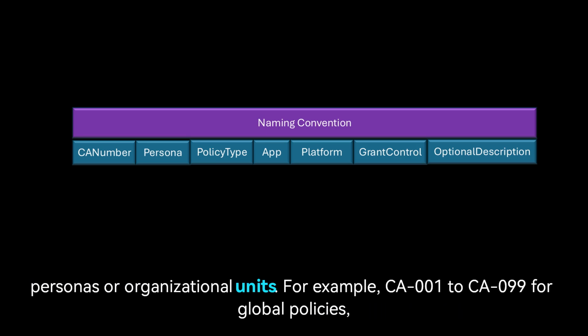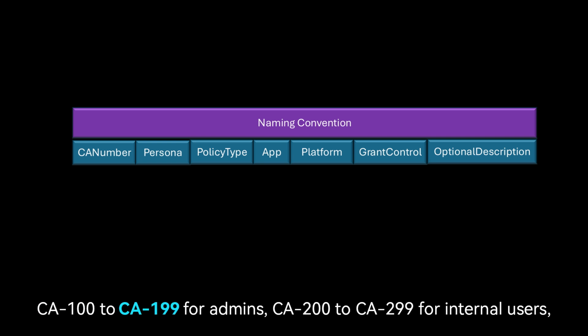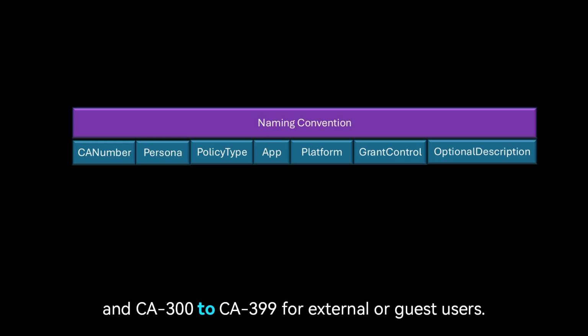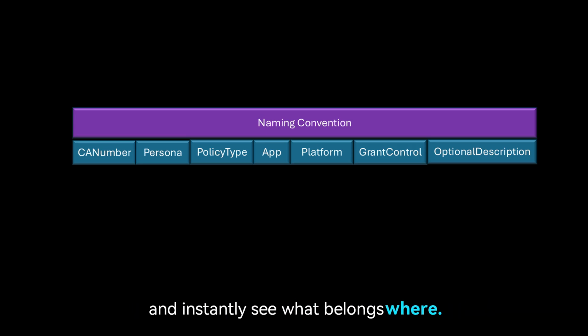For example, CA001 to CA099 for global policies, CA100 to CA199 for admins, CA200 to CA299 for internal users, and CA300 to CA399 for external or guest users. This system makes it easy to scroll through your list and instantly see what belongs where.